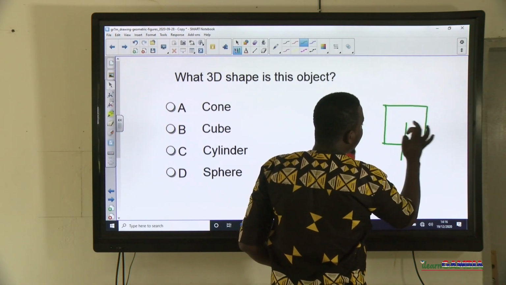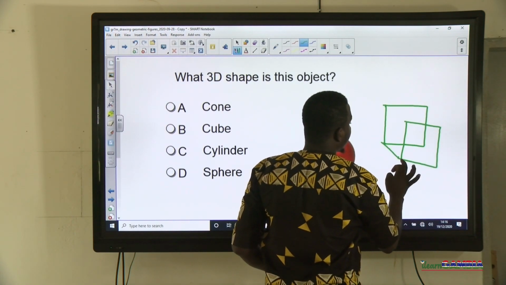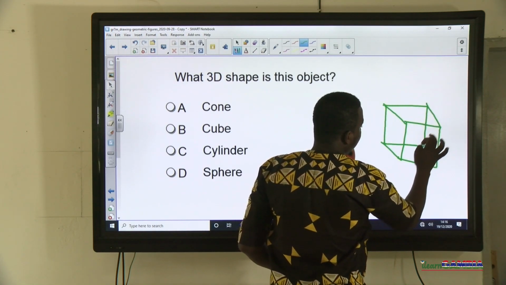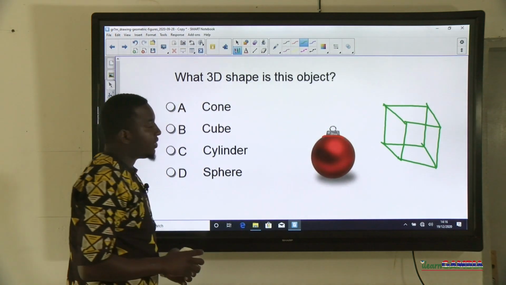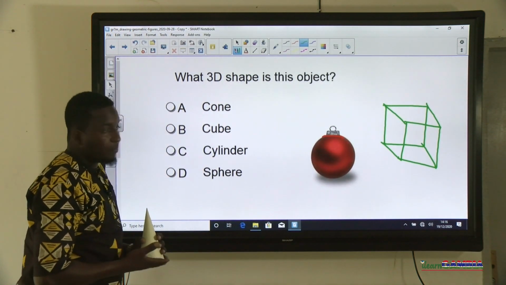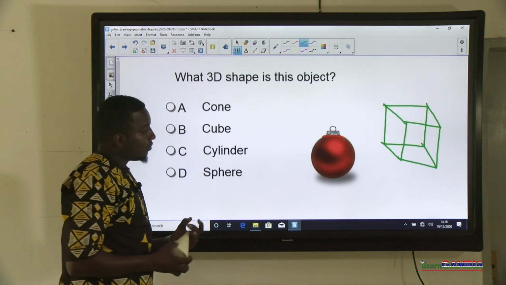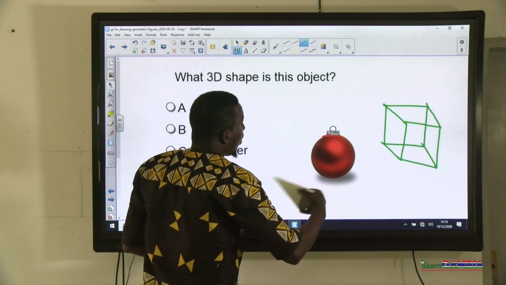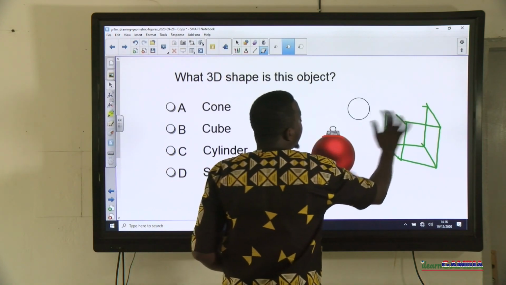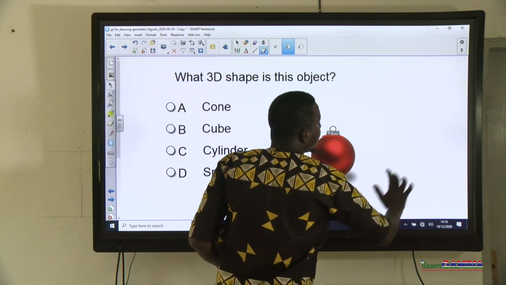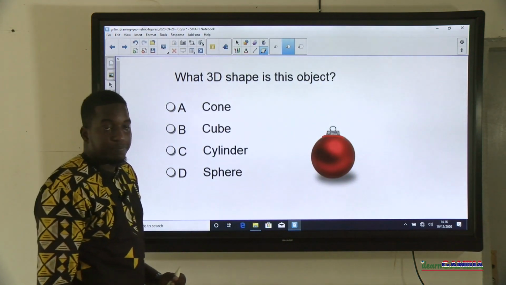Remember, all the faces of a cube are equal. That is a cube. So let's compare the cube and the object that we have. Are they the same? The answer to that question is no. The two objects are different. Therefore, the correct option will not be cubes, as the object that we have does not replicate a cube.